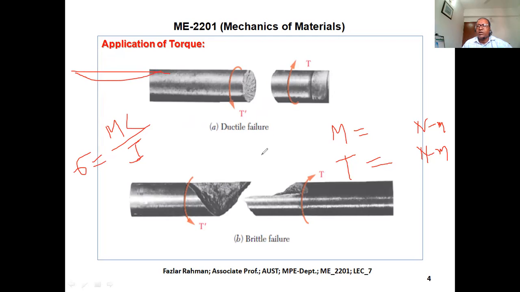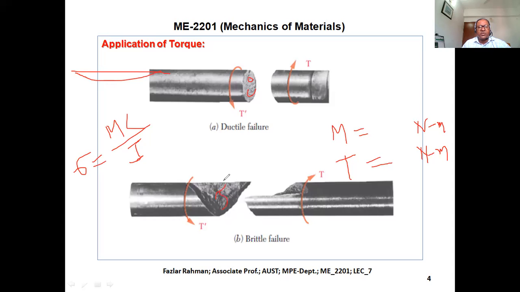But due to the torque, there will be two things. Number one, if torque is very high, it generates shear stress inside the material. If that shear stress becomes higher than the material resistance, then the material fails. If less than the resistance, then the material will not fail. So I am applying torque, but inside it develops shear stress.